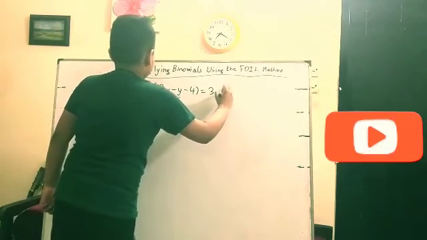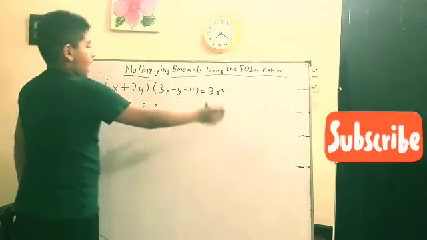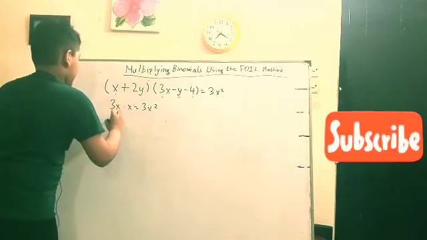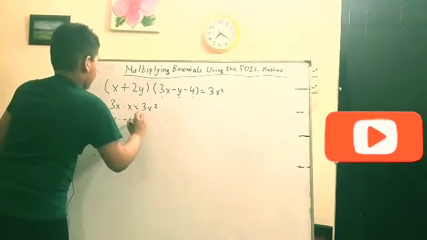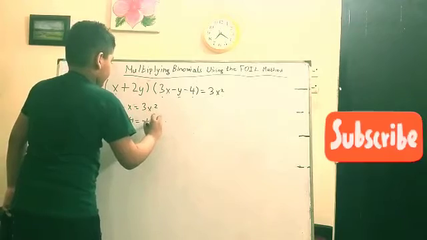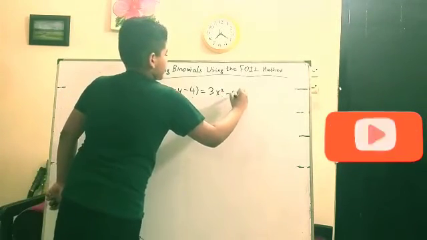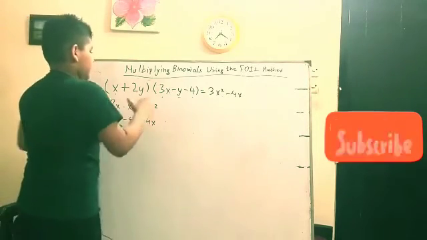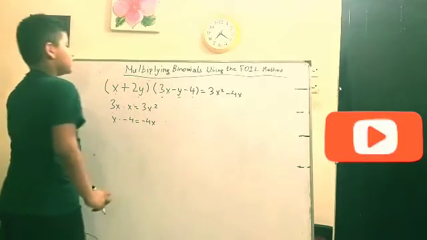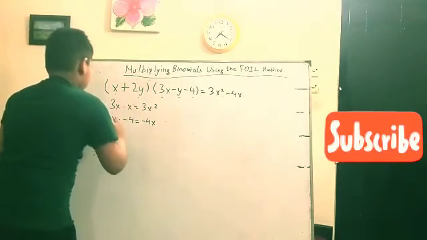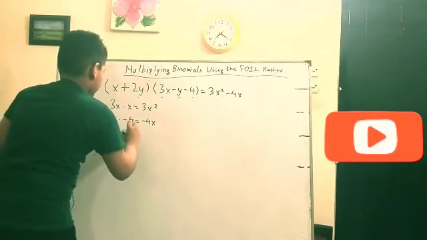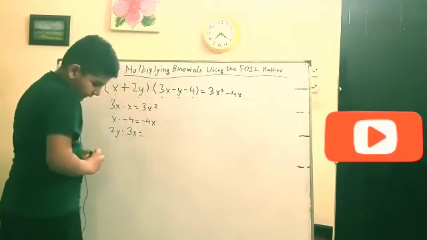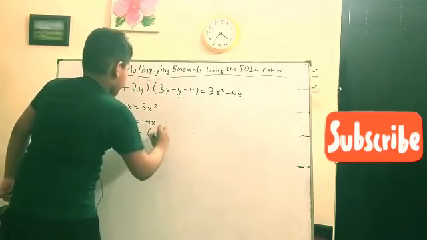Now, outer means again this, but now this. So, x times negative 4, which is negative 4x. So, minus 4x. Now, we're going to take the inner, means these two. Now, 2y times 3x would be equal to 6xy. See?